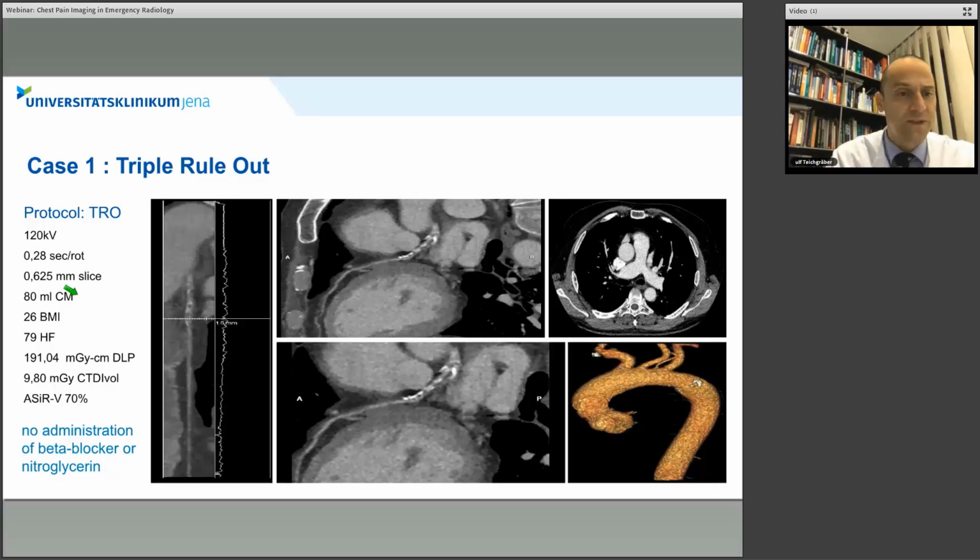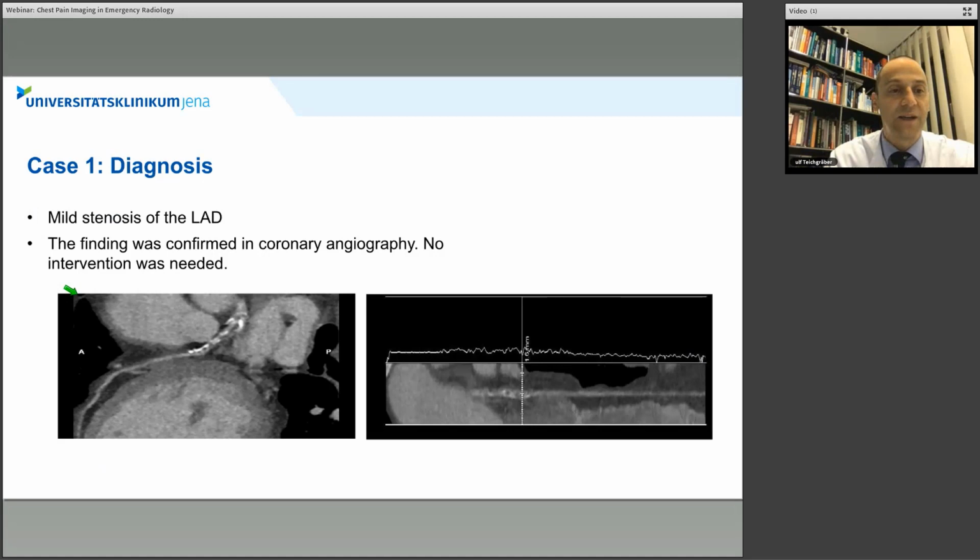with no administration of a beta blocker, because we did not really have the time to prepare the patient anymore, and we were not sure if he was hemodynamically stable enough that we could go for nitroglycerin and beta blocker together. So we just did the scan as if we do a rule out of pulmonary embolism, and this is the quality we actually acquired in this patient.